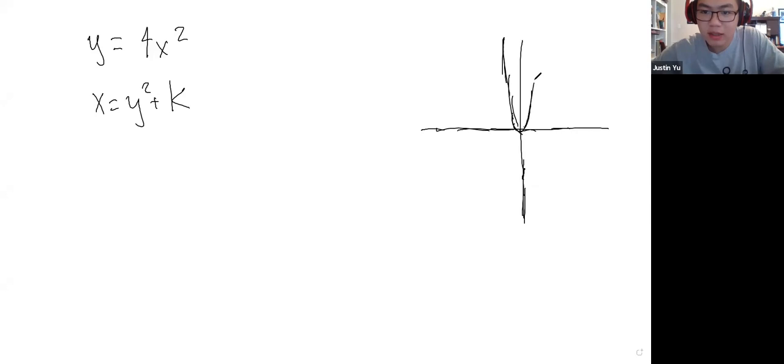It's going to be long and narrow, have curving sides like this. Then when we draw x equals y squared plus k, it might look something like that. So you can see this really, really small distance is the k value. And this is the intersection.